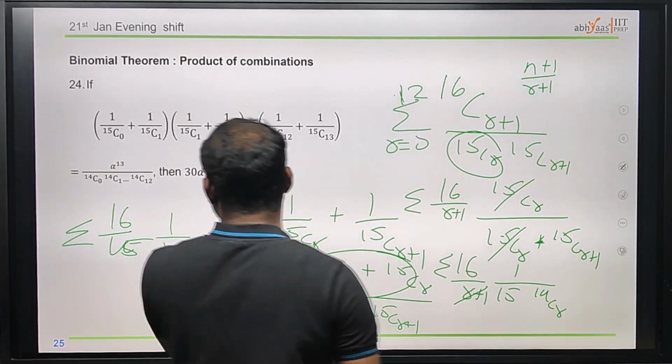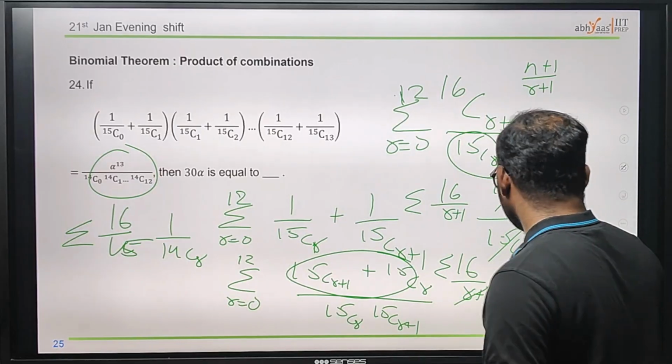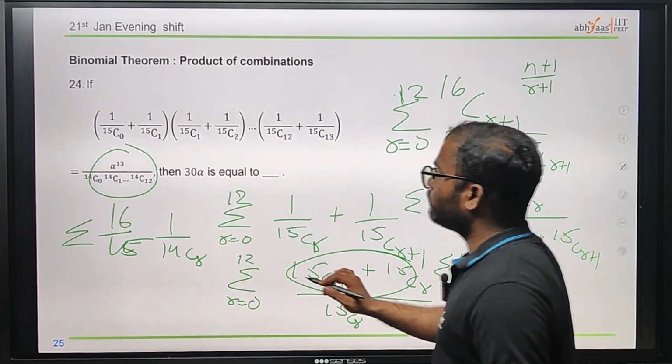Now see here, this alpha power 13, we can get alpha power 13 from this.